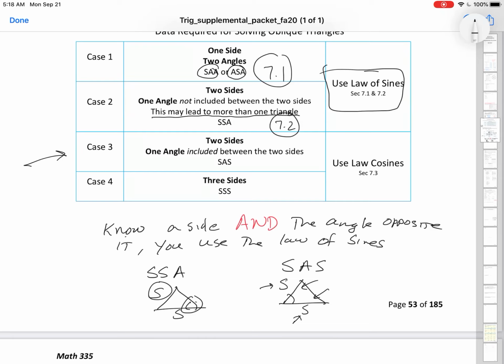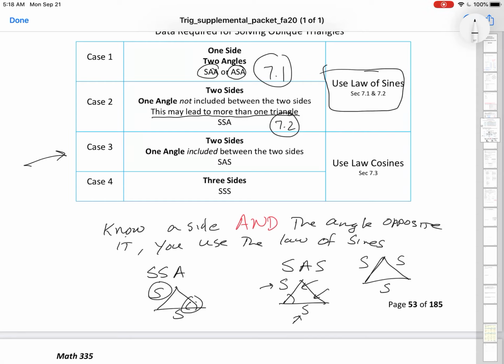Here's another given side, but I don't know that either. And there's lots of possibilities for these two. So we're going to have to use the law of cosines, because I don't know a side and the angle opposite it. Here I don't know any of the angles, so I have to use the law of cosines. And it's not like the law of cosines is bad, it's just a little bit more involved than the law of sines.